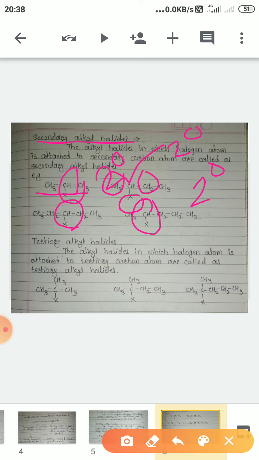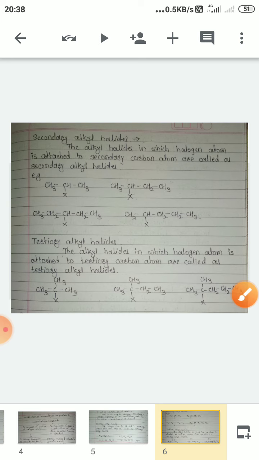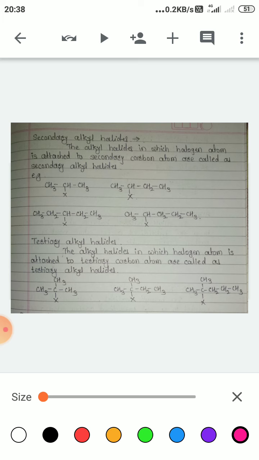Okay, now the next one, tertiary alkyl halides. The alkyl halides in which the halogen atom is attached to or bonded to tertiary carbon atoms are called tertiary alkyl halides. Now what is a tertiary carbon atom?